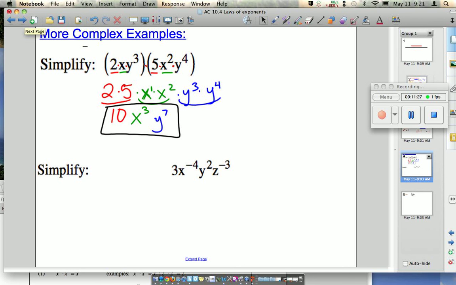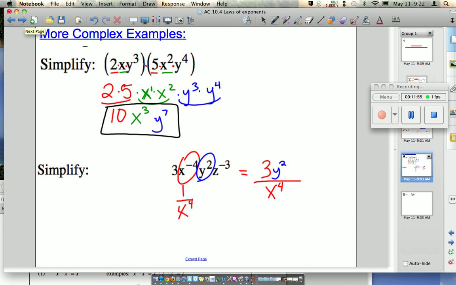How about this one? Now I have negative exponents. Again, when we ask to simplify, we're actually asking to get rid of negative exponents, no matter where they are. So the 3 is okay. It's going to stay on top. But this x to the negative fourth is going to flip down to the bottom because it's equal to 1 over x to the fourth. So now that's going to be on the bottom. This y squared, it's fine. It's positive, so it's going to stay on top.